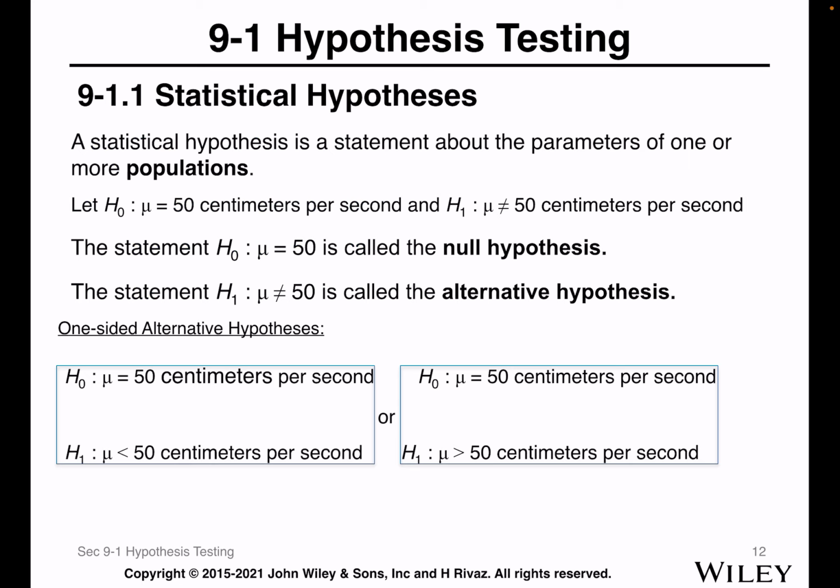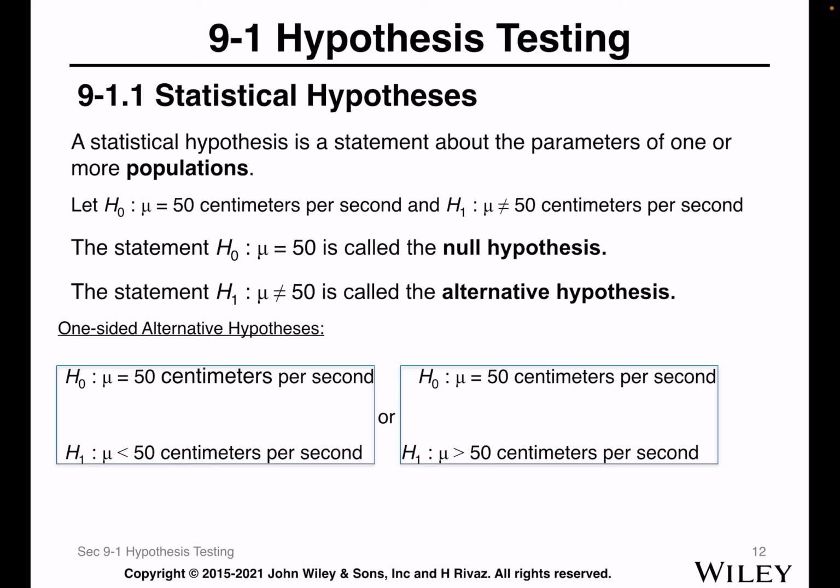So for example, we have a new engine, and we make a statement that the mean torque of this engine is this number, right? And we want to either reject that hypothesis, basically we usually want to reject the hypothesis, right?